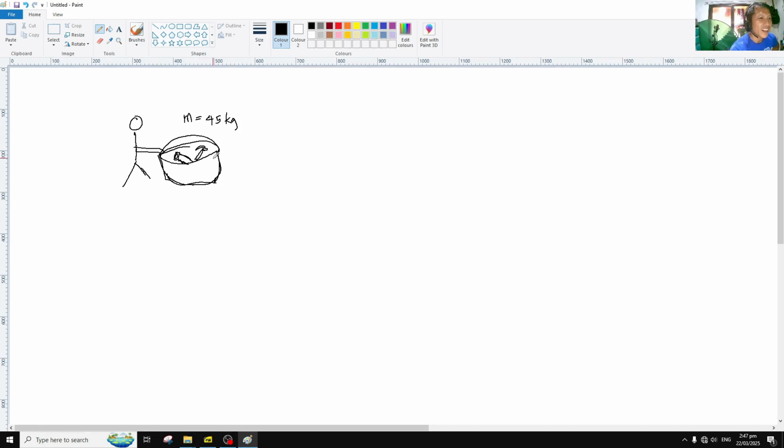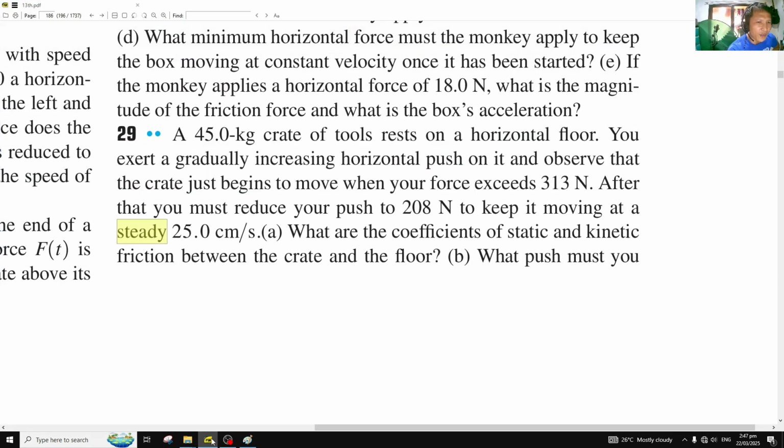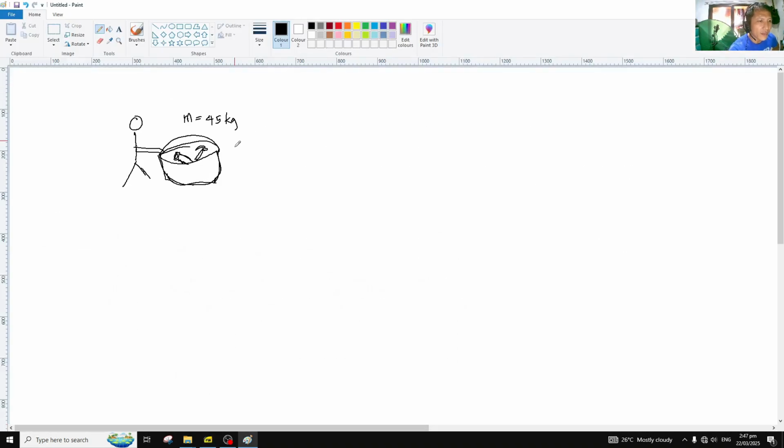That's it, that's what I can draw. But anyway, that is a crate for tools. Then you push it. Of course, there is a friction for that.